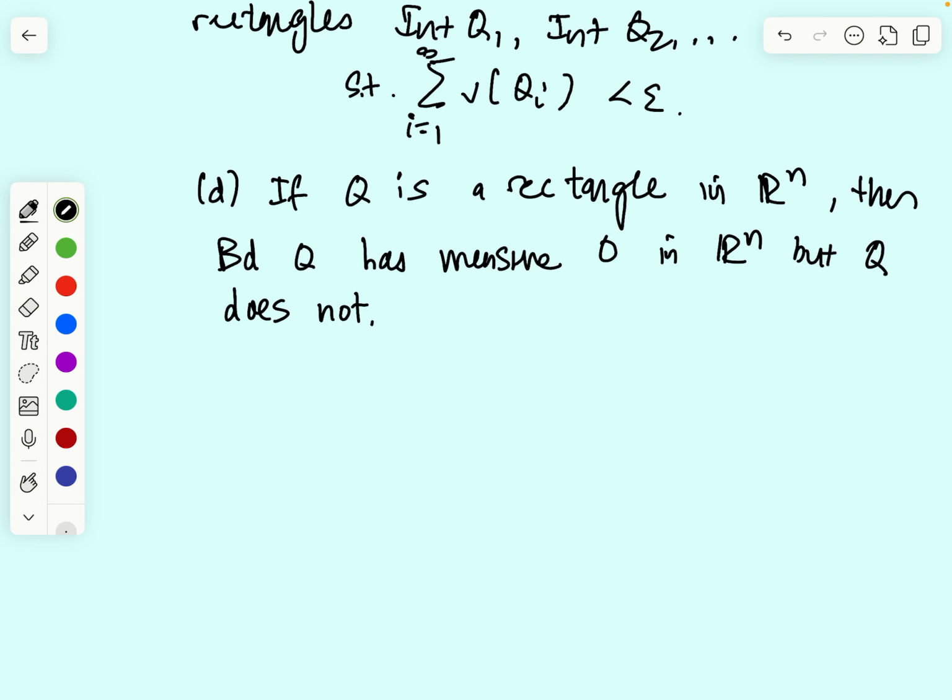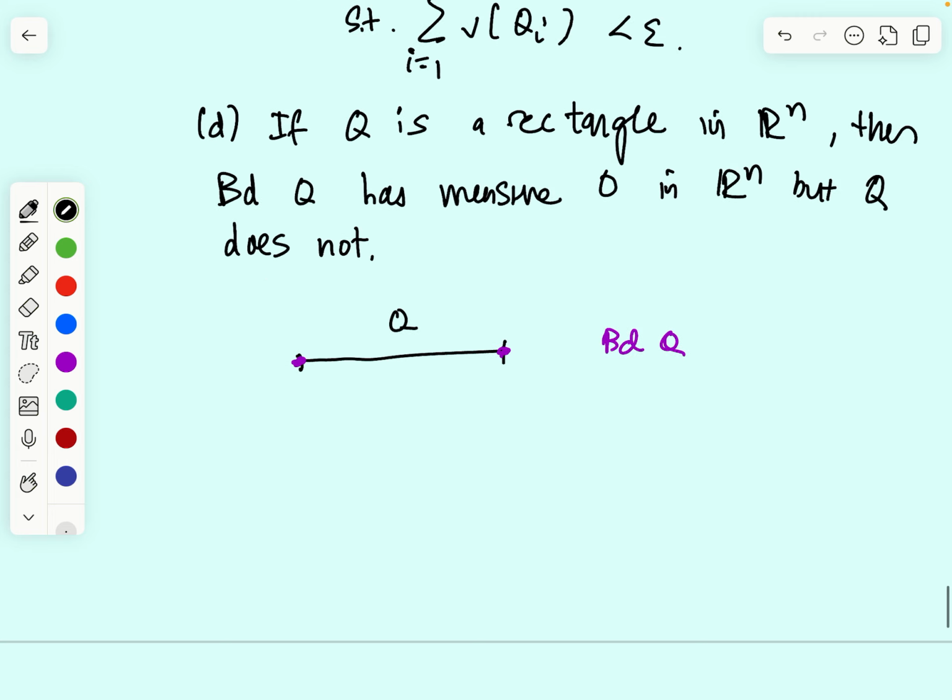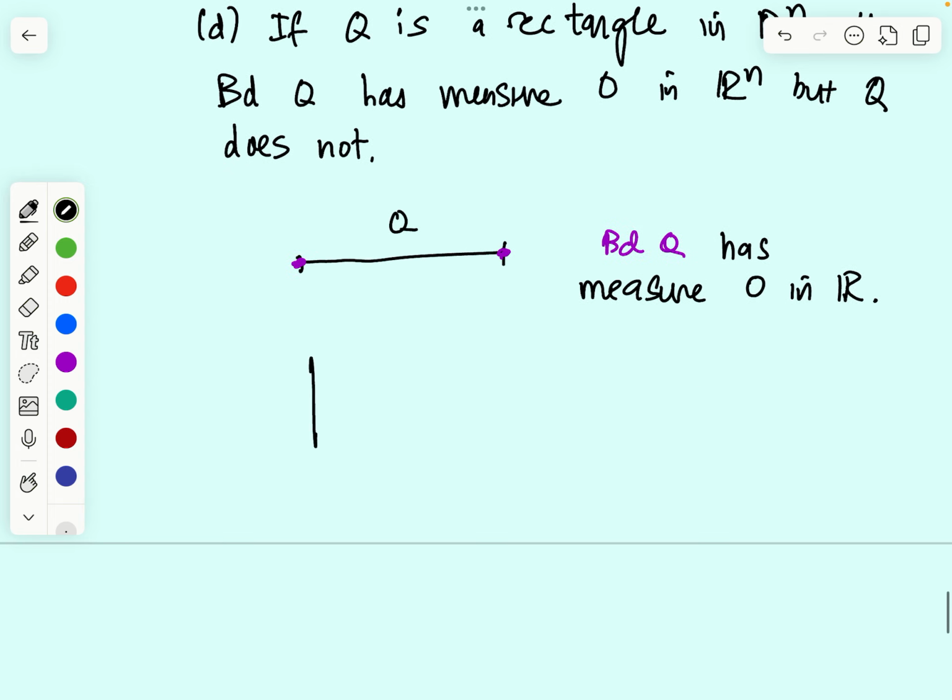So for instance, if n is 1, then Q is this rectangle which is an interval, and then the boundary consists of these 2 points. Here's your rectangle Q. The boundary has measure 0 in R1. And then if you have a rectangle in R2, this is Q, then the boundary is going to be this.